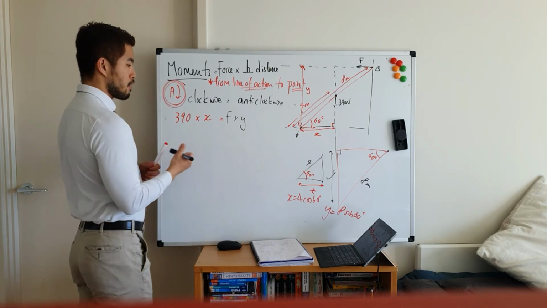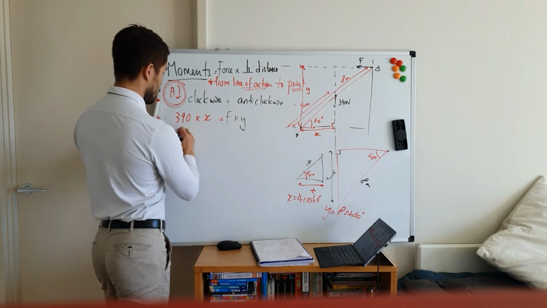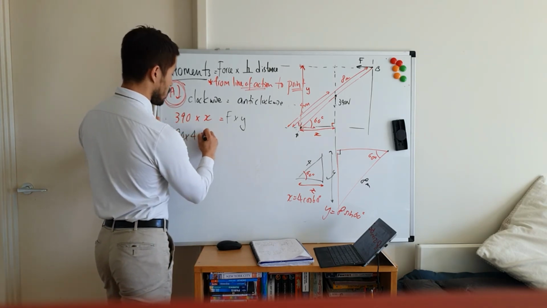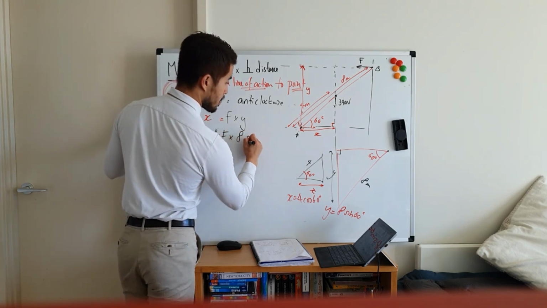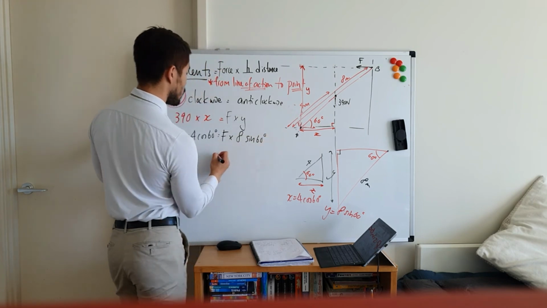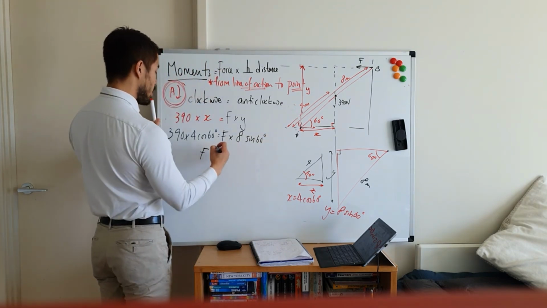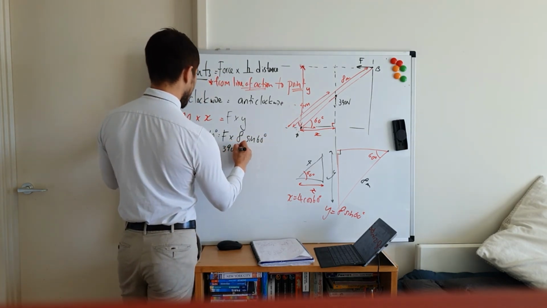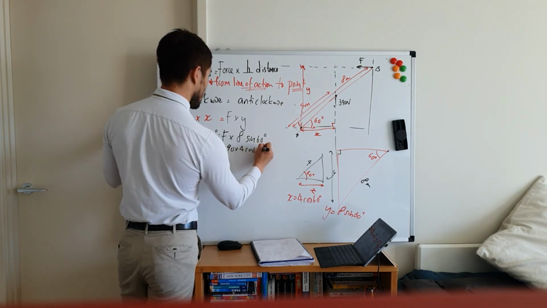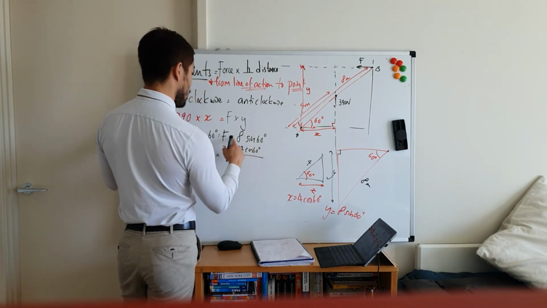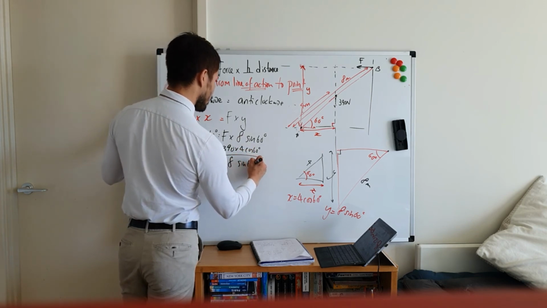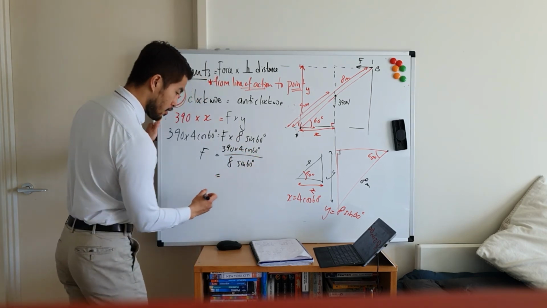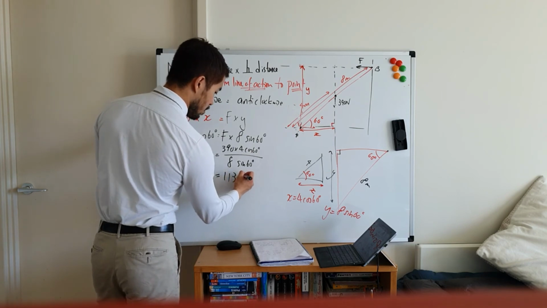Substituting into the equation, 390 times 4 cos 60 degrees equals F times 8 sin 60 degrees. So, putting it in the calculator, F equals 390 times 4 cos 60 degrees over 8 sin 60 degrees. That is going to give us 113 newtons.